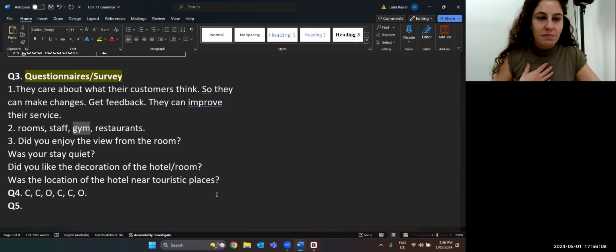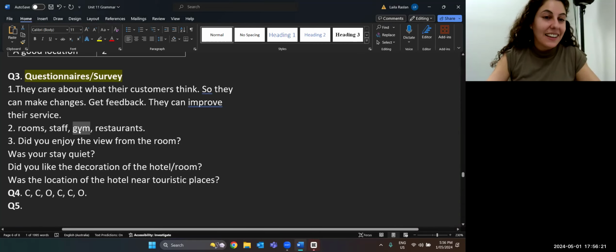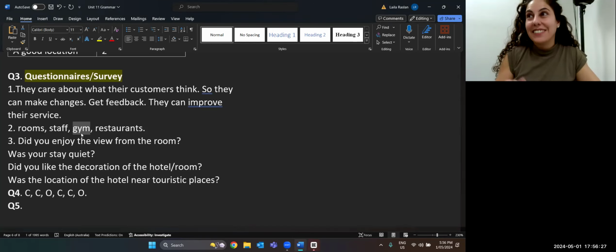I don't use the gym. Maybe one time in my life I went to the gym in the hotel, but not really. You're on a holiday, you want to relax. Some people need to exercise every day. But I do use the swimming pool if they have one. Maybe because it's not clean, you think?